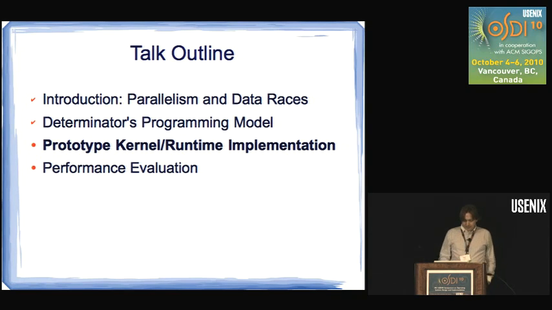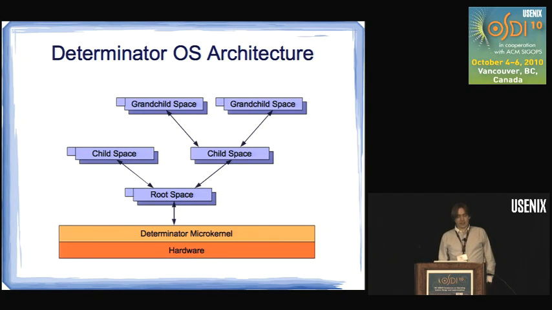So I've talked about the basic programming model that Determinator is trying to create. I'll talk now a little bit about how it actually does that. Determinator is a microkernel, and the microkernel supervises a strict hierarchy of process-like entities that we call spaces.